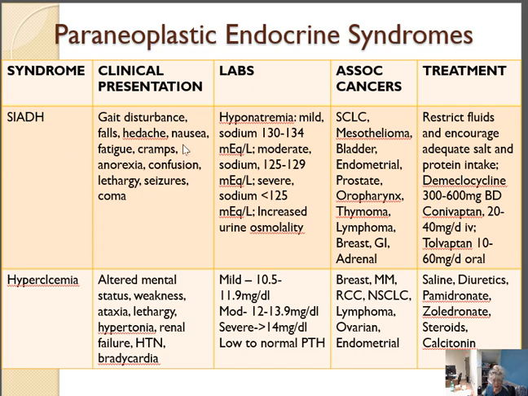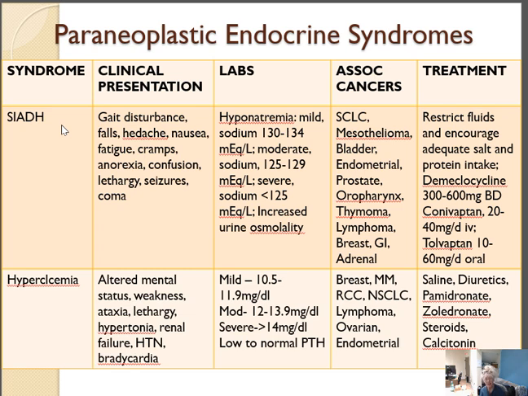So let's take a look at syndrome of inappropriate antidiuretic hormone, or SIADH. The clinical presentation usually shows gait disturbance, falls, headaches, nausea, fatigue, cramps, anorexia, confusion, lethargy, seizures, and coma. That's because vasopressin, which is released from the posterior pituitary, is released to keep water in our body, right?